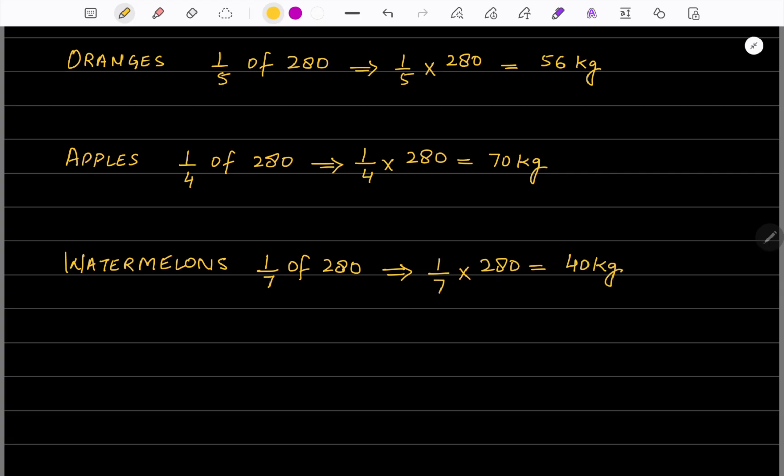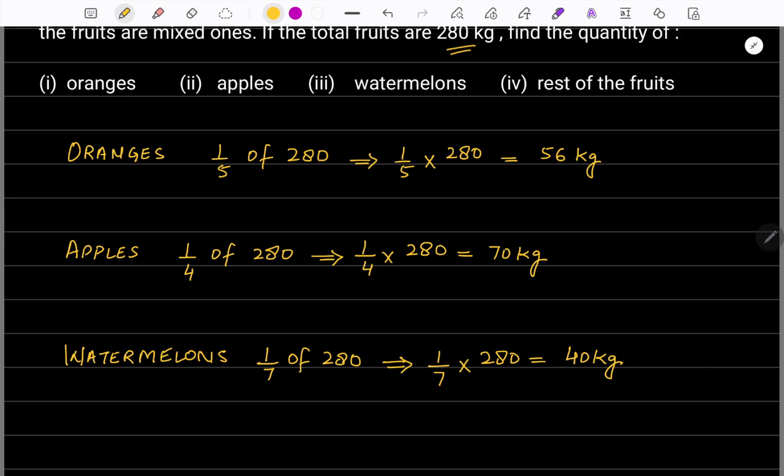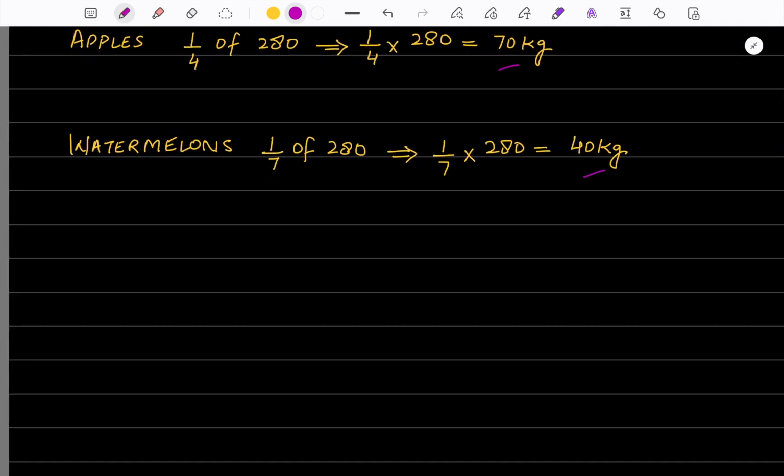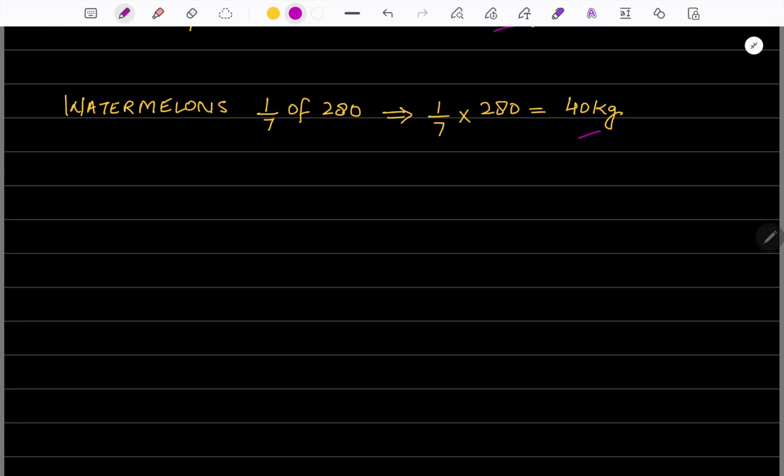Now we know the weight of oranges, apples and watermelons, that is 56, 70 and 40. And it says that the rest of the fruits are mixed ones. Means if we subtract the sum of all these three, we can find the rest of the fruits since we know the total. The total is 280. So let's do 280 minus 56 for oranges, 70 for apples and 40 for watermelons.